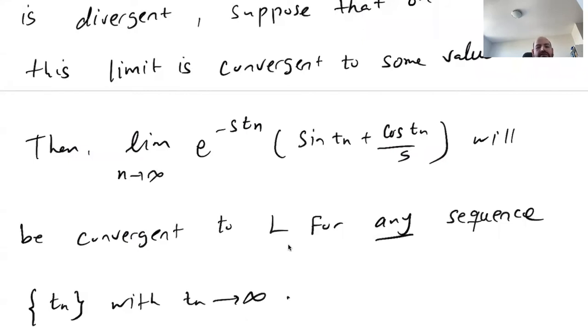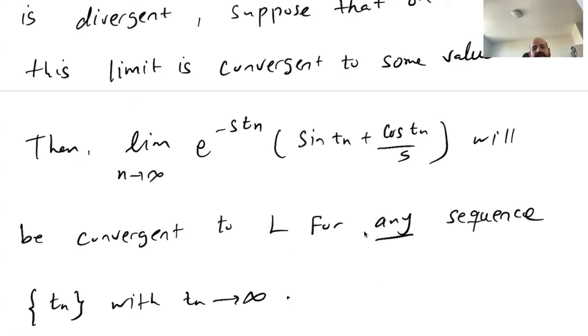Now, how can I find a sequence Tn that goes to infinity and this limit is divergent, not convergent to any number L?